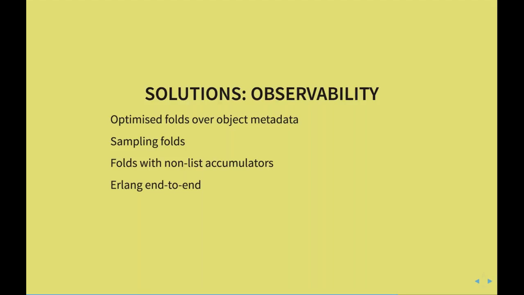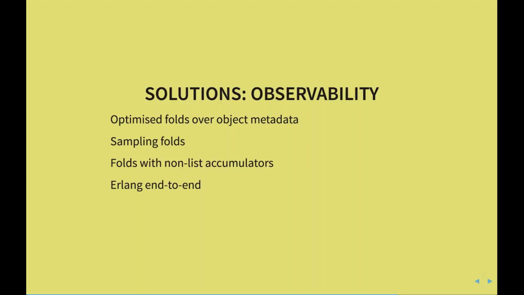We're also looking at sampling folds, whereby because we know the load is evenly partitioned, perhaps we don't need to query all the load, we just need to query the contents of one vnode, and we can extrapolate out from there.